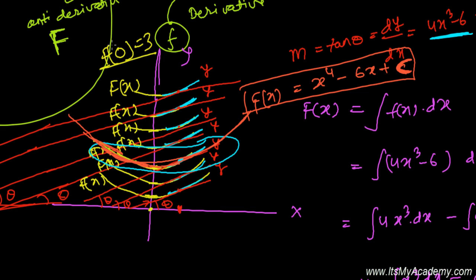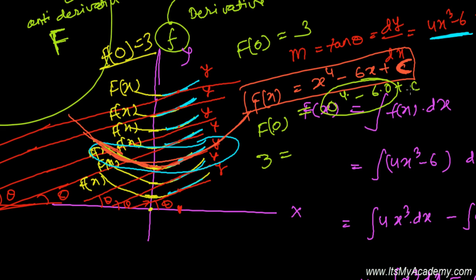And the very beautiful news again is that f of 0 equals 3. So let me put f of 0 here. f of 0 is going to be 0 to the power 4 minus 6 times 0 plus c. And f of 0 equals 3. So 3 is now 0 to the power 4, which is 0, minus 6 times 0, all these things turn 0, and this is c.